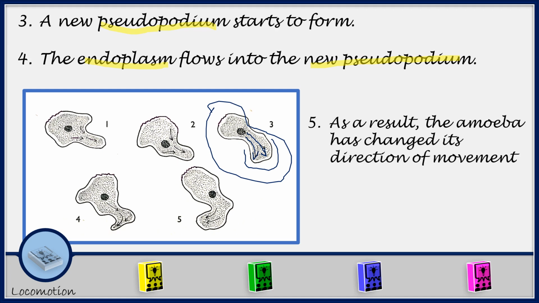So the endoplasm is going to flow into the new pseudopodium, and as a result, the amoeba will have changed direction of movement.